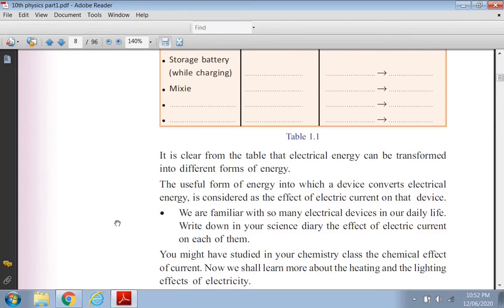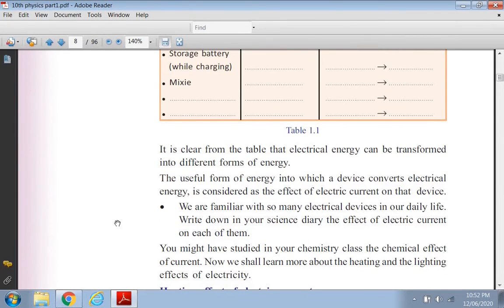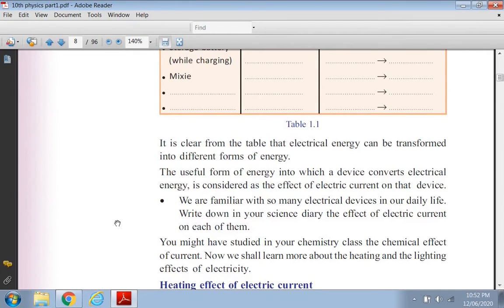We use it to get heat, and the energy change is electrical energy to heat energy. For the case of electric fan, what is the use? To get mechanical energy. The energy change is electrical energy to mechanical energy.